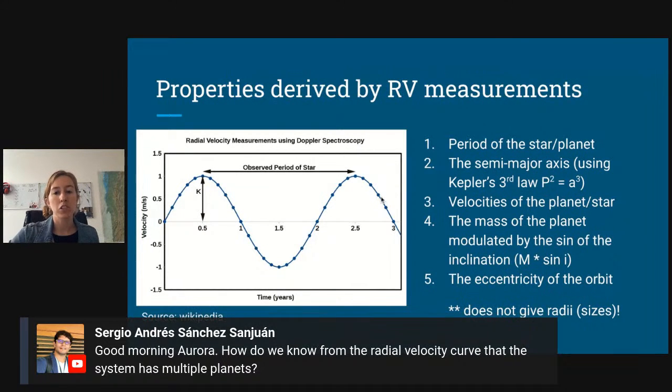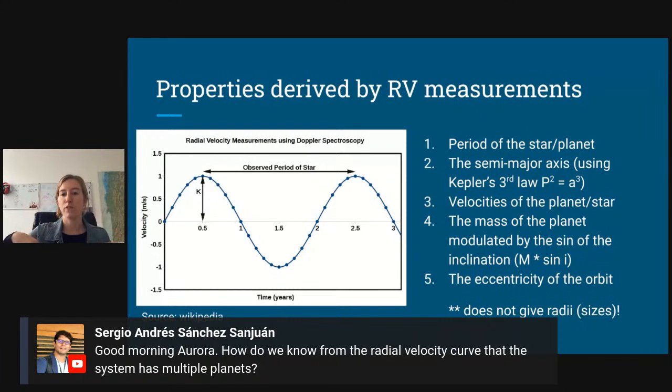And what people do is they take a Fourier transform. A Fourier transform basically just looks for sinusoidal shapes in your radial velocity data, and then it tells you the most likely periods of the sinusoids in that data. So you plot up your data and find the most likely period.